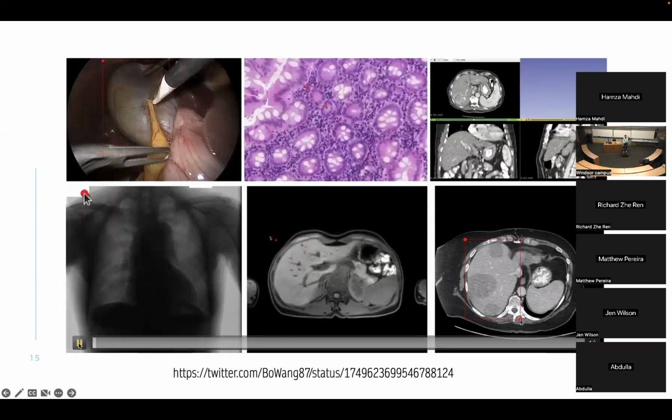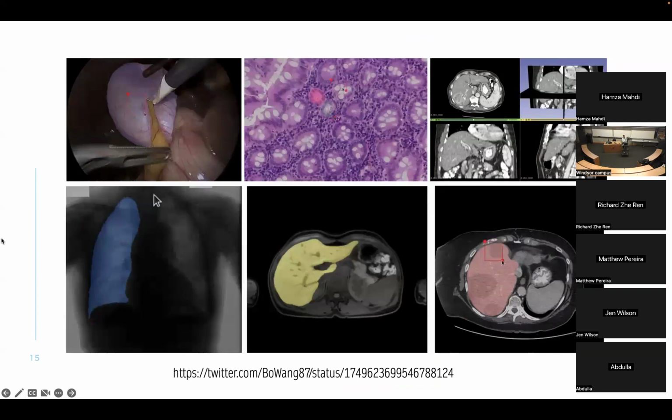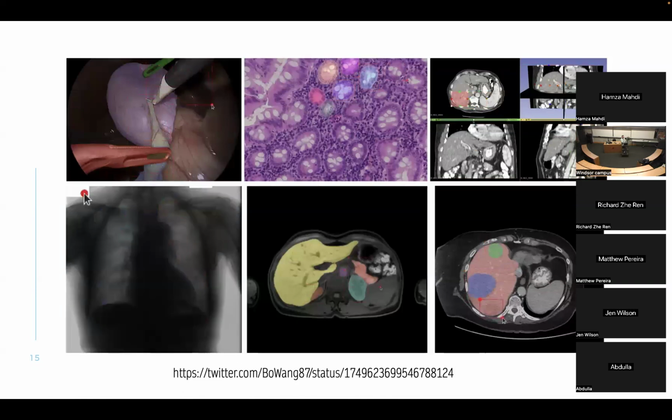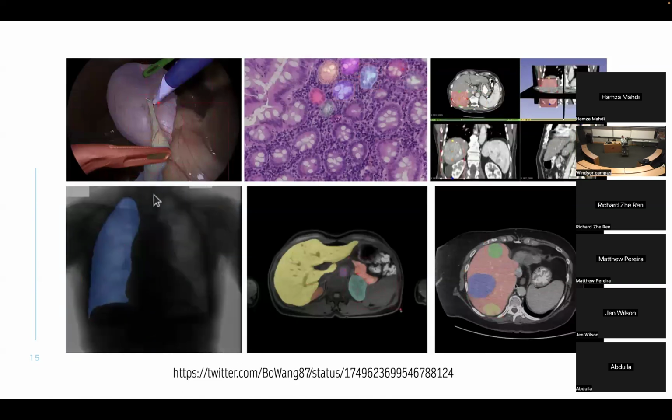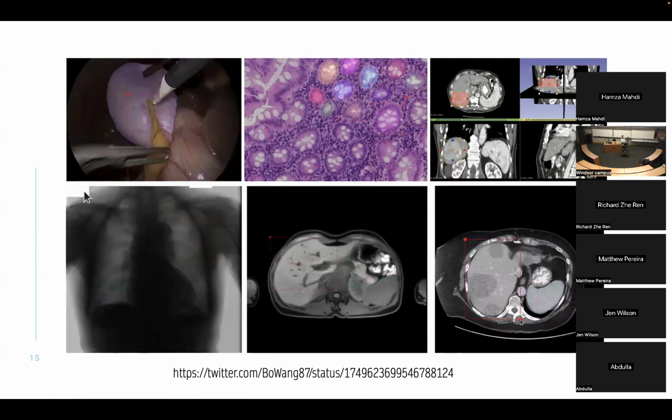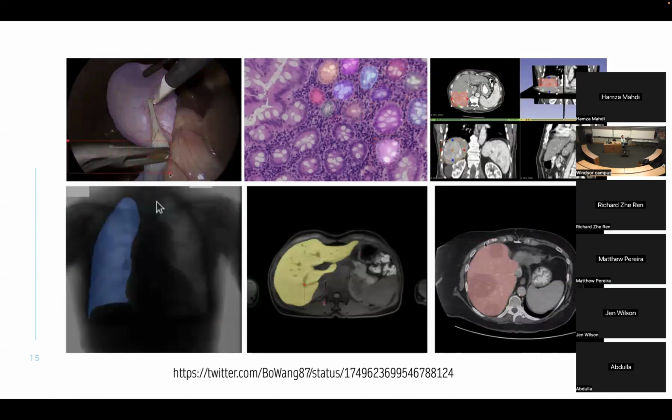All right, so what can modern medical AI do? So this is a single model that can look at 10 different imaging modalities. This is the same AI model. It's not different AI models that are specialized for X-rays, CTs, and pathology.